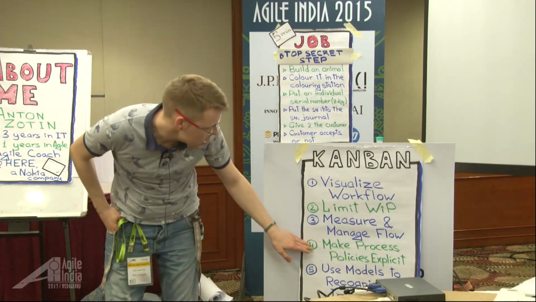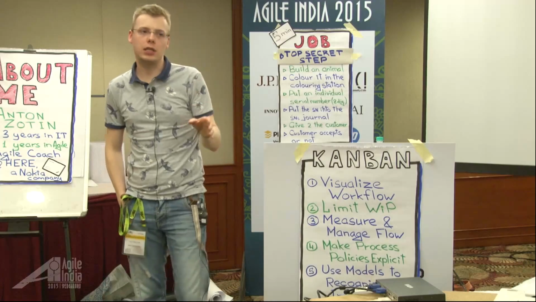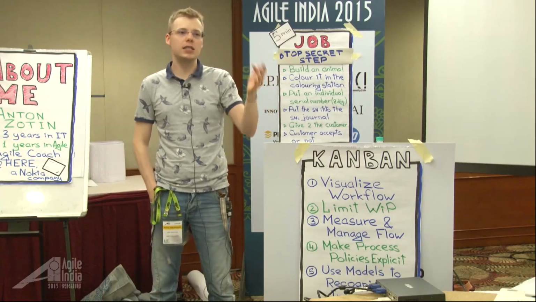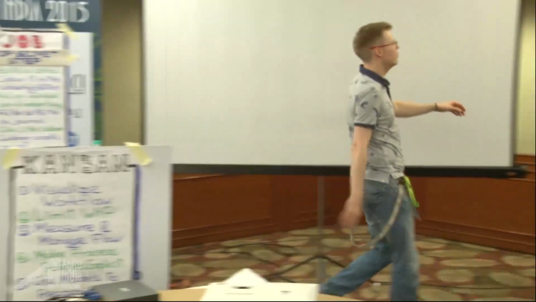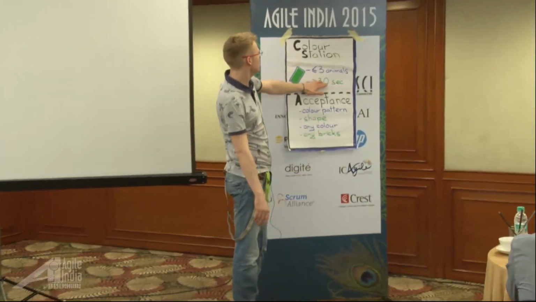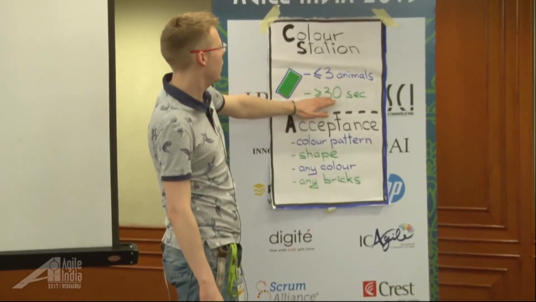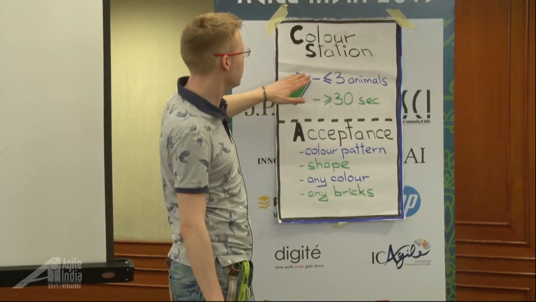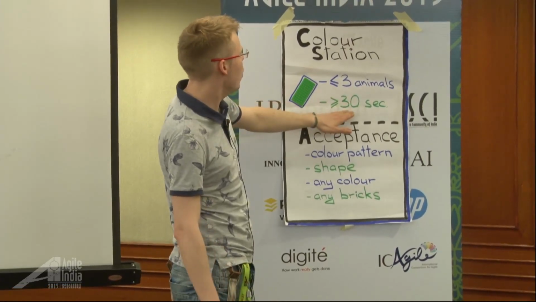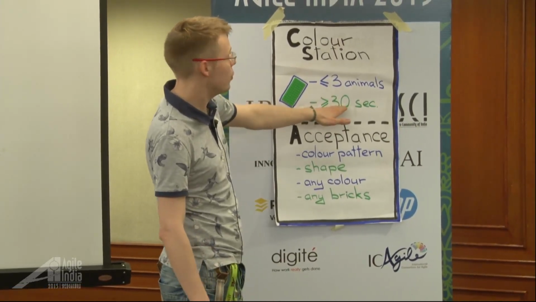The fourth one is to make process policies explicit, so everyone will understand how these steps are done. For example, this is one of these process rules: less or equal to 3 animals at the coloring station and more or equal to 30 seconds.